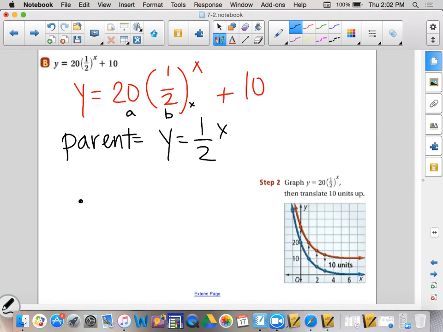A is greater than 1, so it's a stretch. So I'm going to stretch it by 20. This right here is my parent function, so I don't need it. What else is left? And then I've got to go up 10. Why am I going up instead of left or right? Because it's not in the exponent. It's after the exponent.